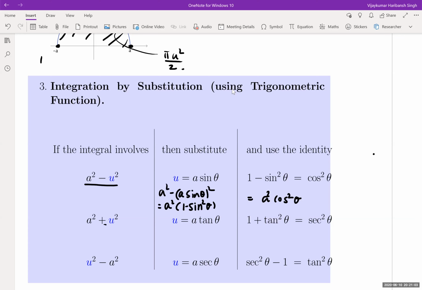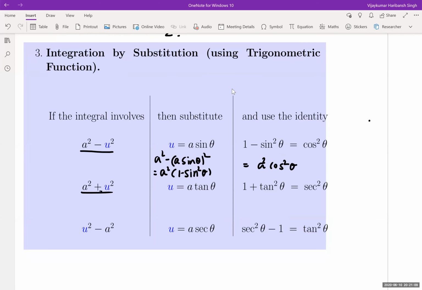Similarly, if you have a square plus u square, then you will use u equals a tan theta. And then this becomes a square plus a square tan square theta. If you take a square common, you get 1 plus tan square theta. And 1 plus tan square theta is secant square theta. So this simplifies to a square secant square theta.